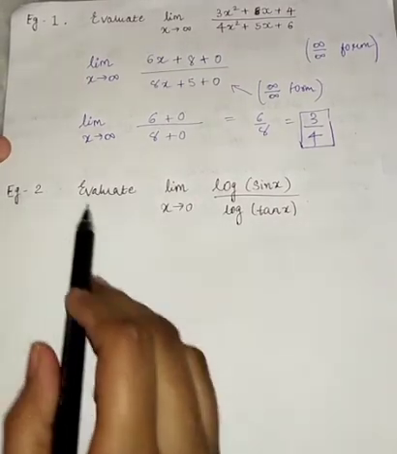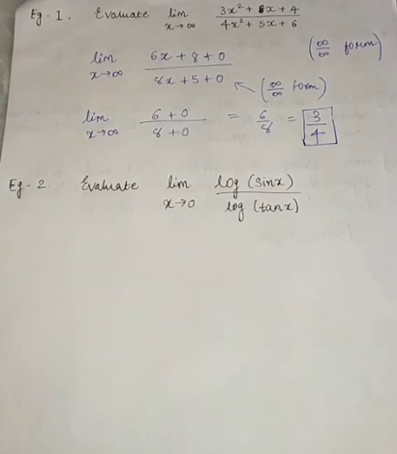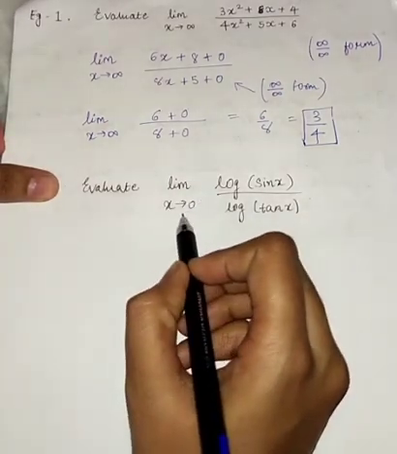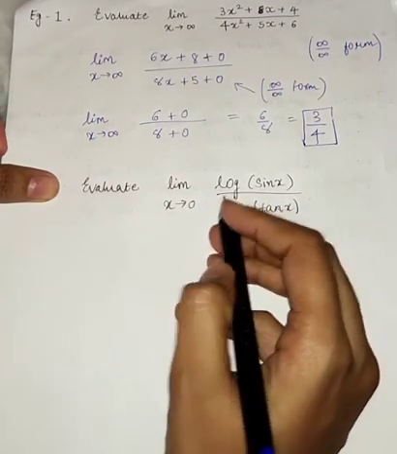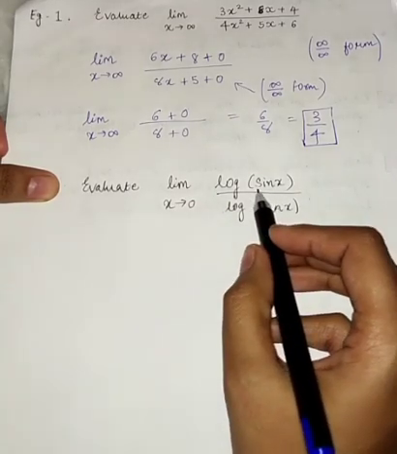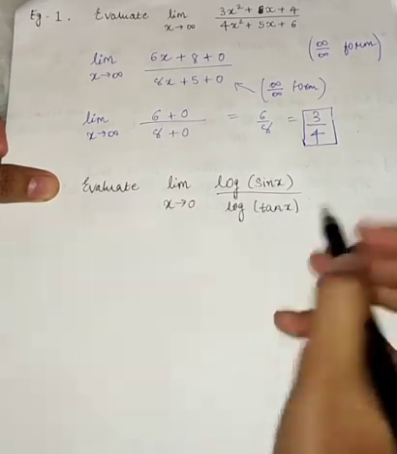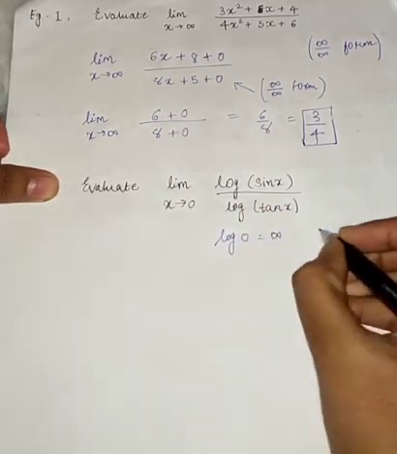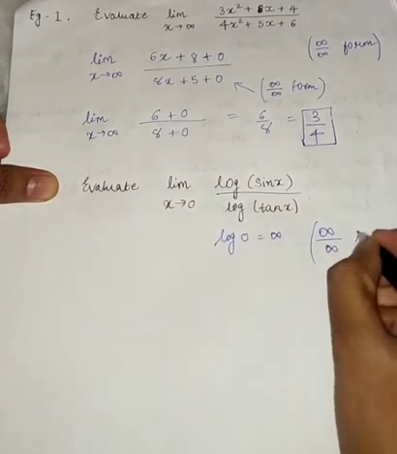Example 2. Evaluate limit x tends to 0 of log sin x upon log tan x. Now again, if we substitute this limit in this equation, then we get log 0 upon log 0, because sin 0 is 0 and tan 0 is 0, and log 0 is infinity, so we again get infinity by infinity form.